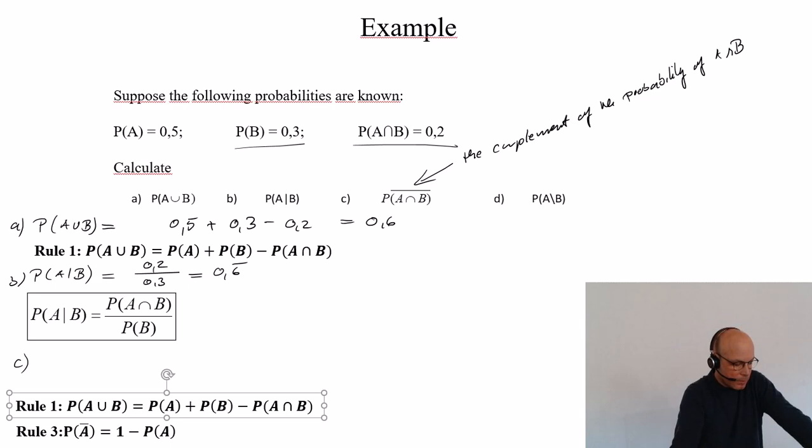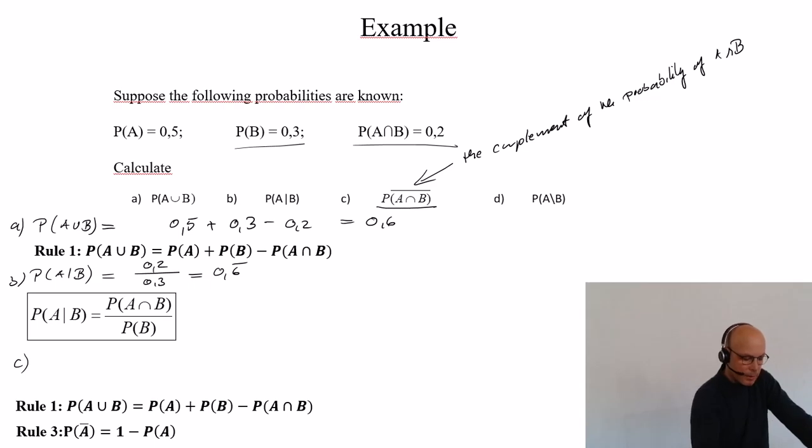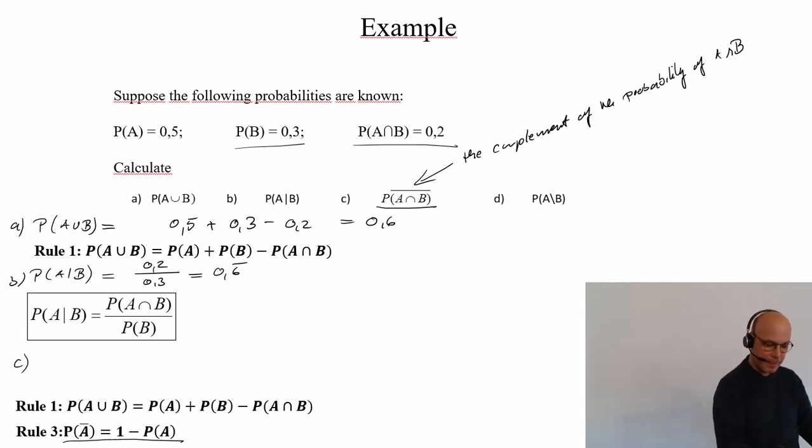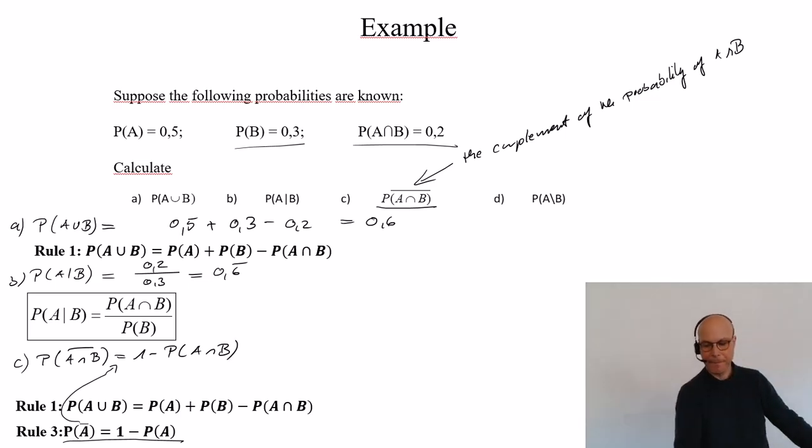And so using this rule, we can say the complementary probability of A and B equals 1 minus the probability of A and B. Oh, sorry, we have directly this one.